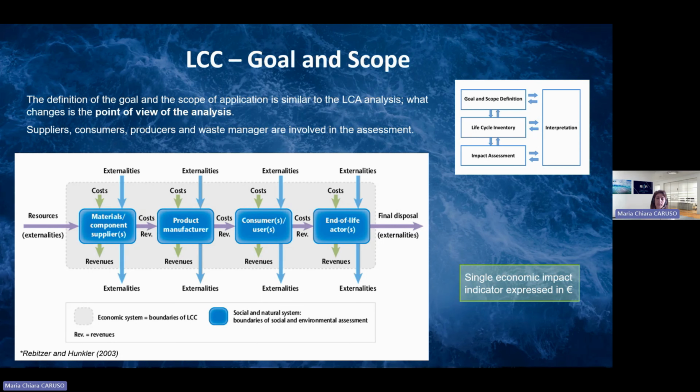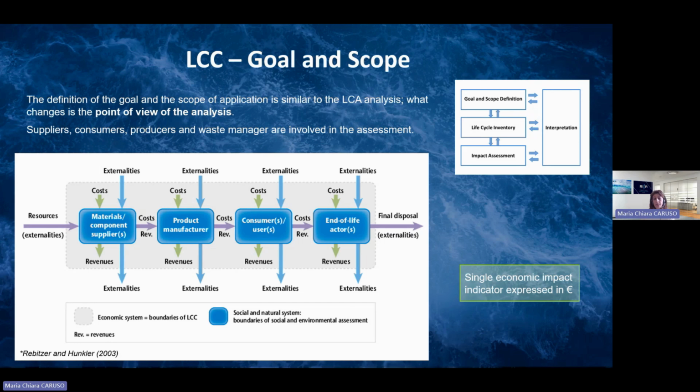Regarding the scope of application, it is similar to the LCA analysis, but the point of view of the analysis is different. Indeed, there are different actors involved in this analysis, such as suppliers, consumers, producers, and waste managers.